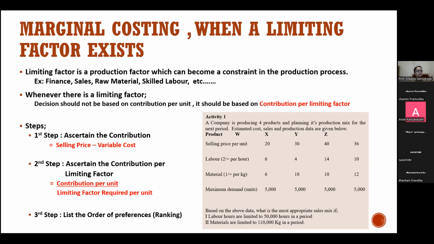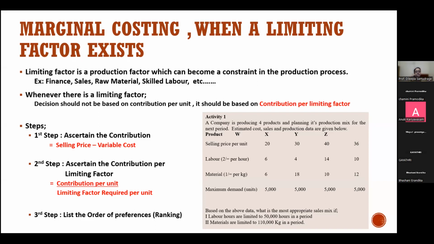If there is a limiting factor, we have to follow three main steps. The first step is to ascertain the contribution, which means selling price minus variable cost. The second step is to ascertain the contribution per limiting factor, where we divide the contribution per unit by the limiting factor required per unit. The final step is to list the order of preference. You can clearly see those main steps in the first slide.